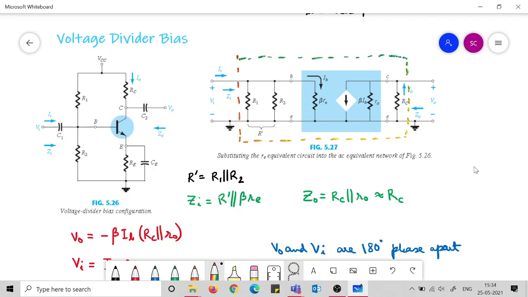This is the boundary of the two-port network for which we are trying to figure out Zi, Z0 and the voltage gain V0 by Vi.